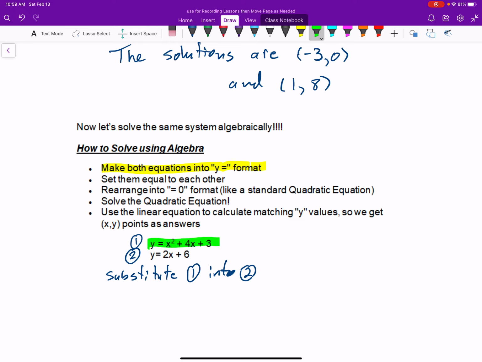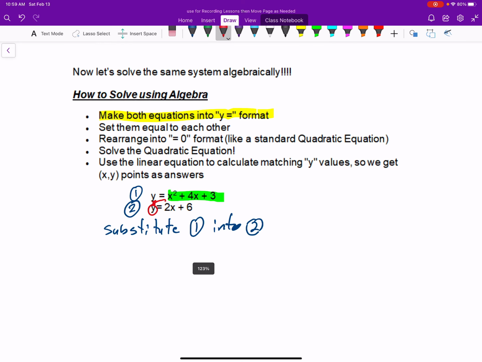Since in this first equation, y is equal to x squared plus 4x plus 3, I'm going to take that x squared plus 4x plus 3 and put it into the other equation, replacing the y. So I'm substituting the y value from equation 1 in for y in the other equation to combine them into a single equation.